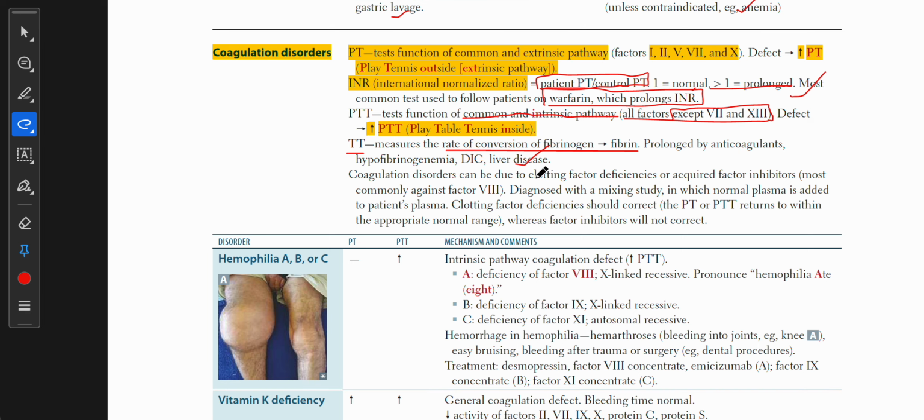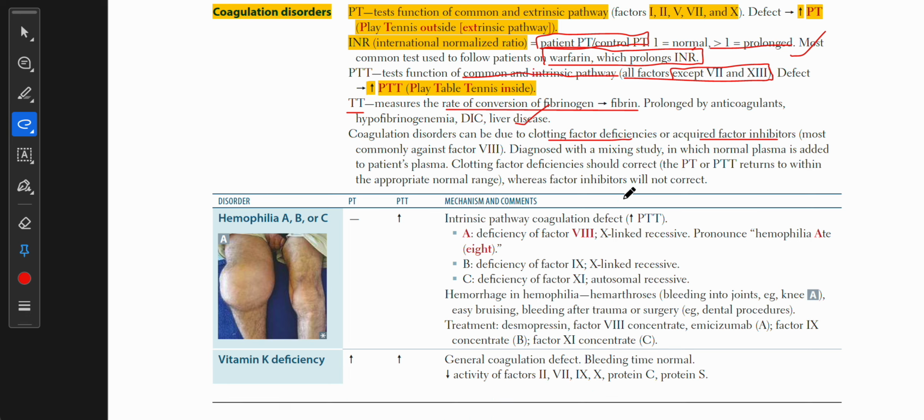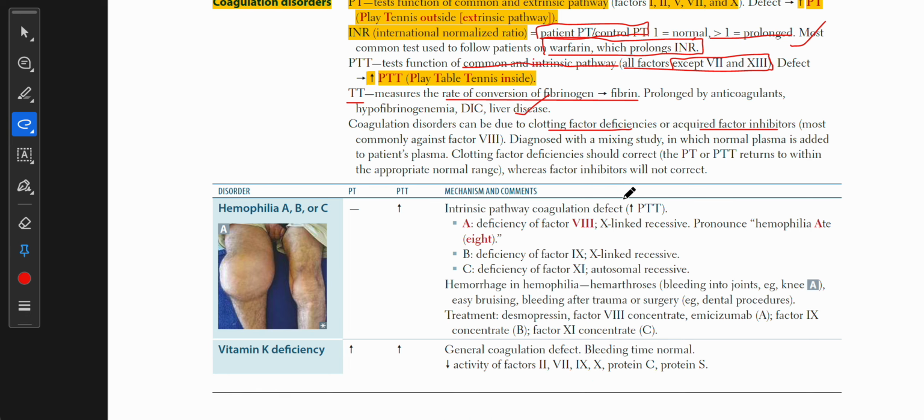So coagulation disorders can be due to clotting factor deficiencies or acquired factor inhibitors, most commonly against factor 8. They are diagnosed with a mixing study in which normal plasma is added to patient's plasma. Clotting factor deficiencies should correct, the PT or PTT returns to within the appropriate normal range, whereas factor inhibitors will not correct. Factor inhibitors will not correct, but deficiencies can be corrected.